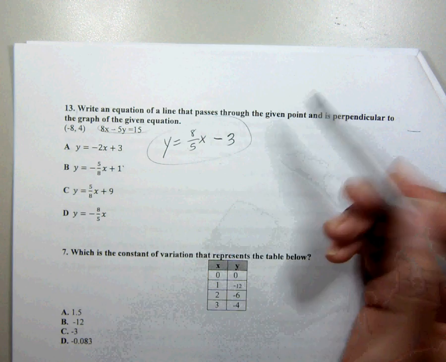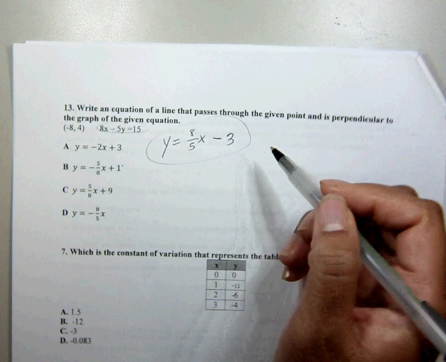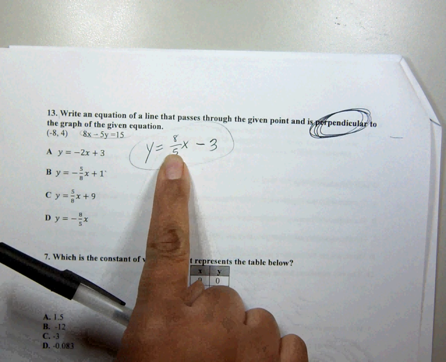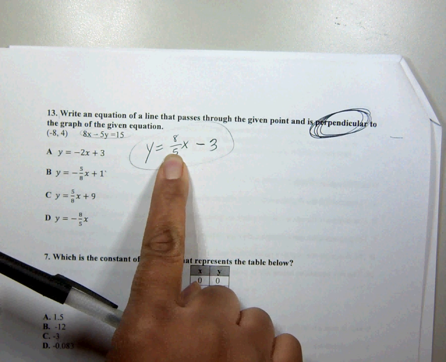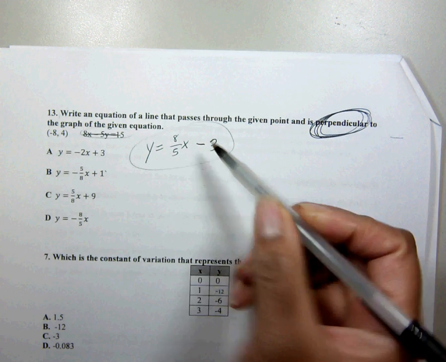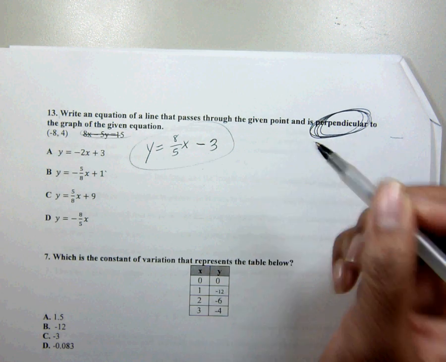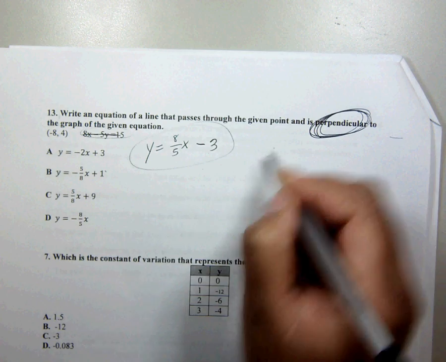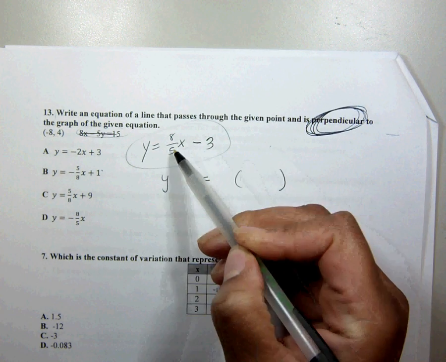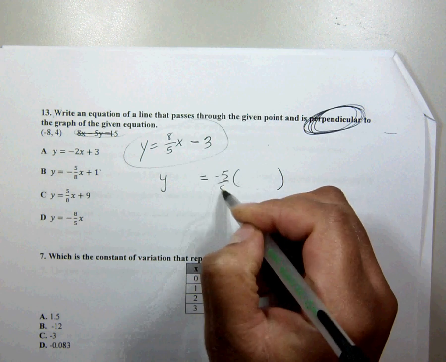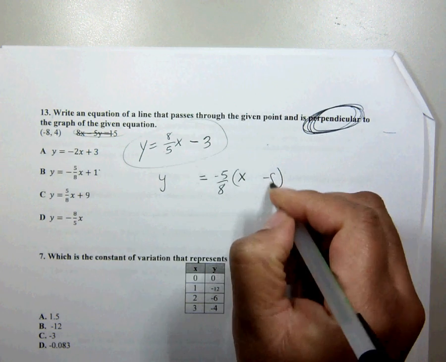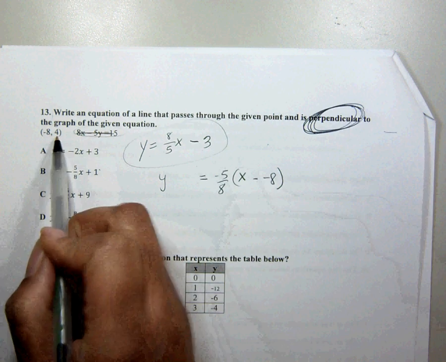Okay, so I want an equation that is perpendicular. That means I have to change this slope, flip it, and change the sign. So ignore this one for now. We're going to start off with him. So the perpendicular slope would be negative 5/8. Now put in the x, and then put in the y.